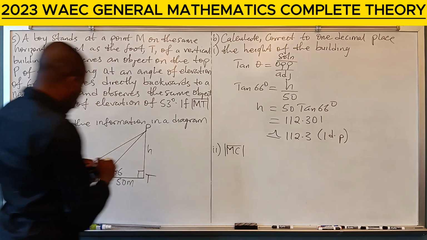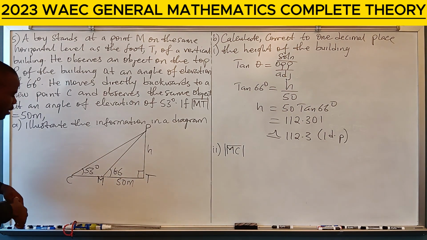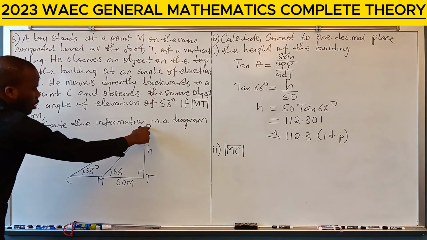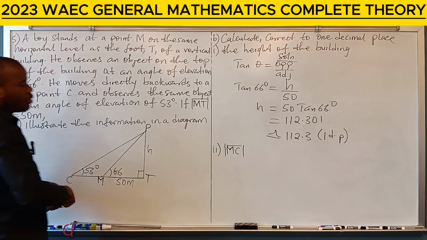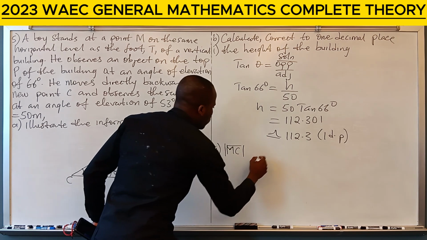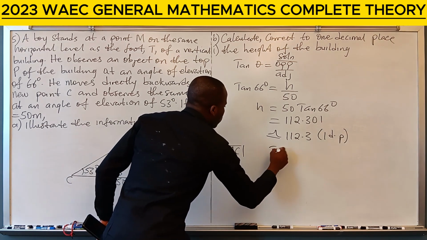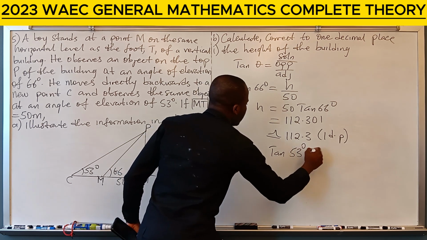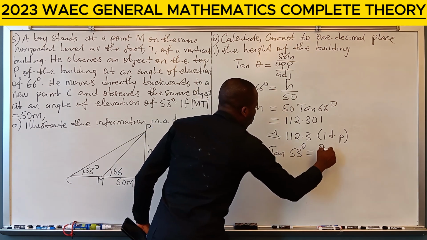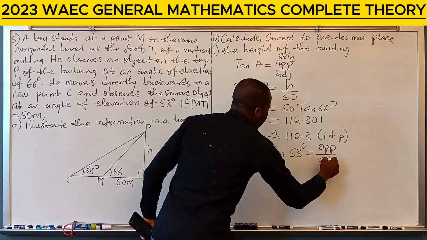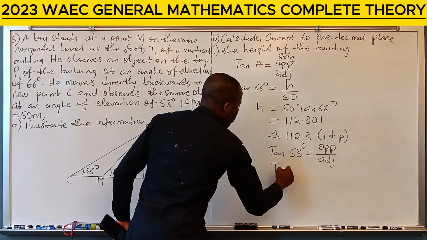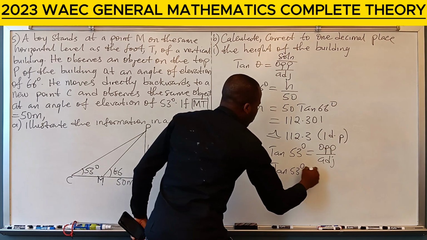And so we have to look for the length MC. We also use the same trig ratio tan, opposite over adjacent. So tan, now in this case, 53 degrees will be opposite over adjacent. Tan 53 degrees.